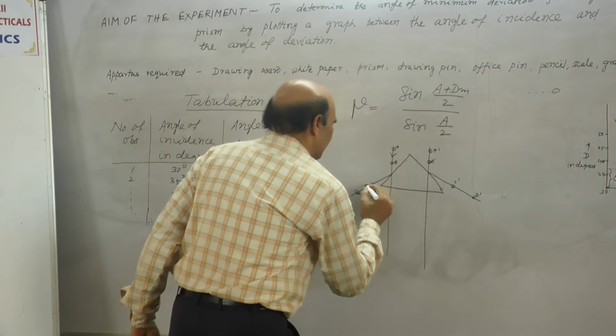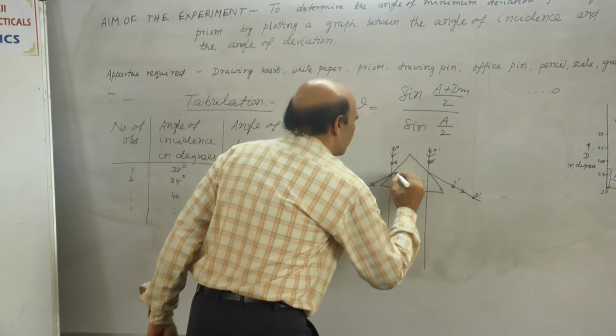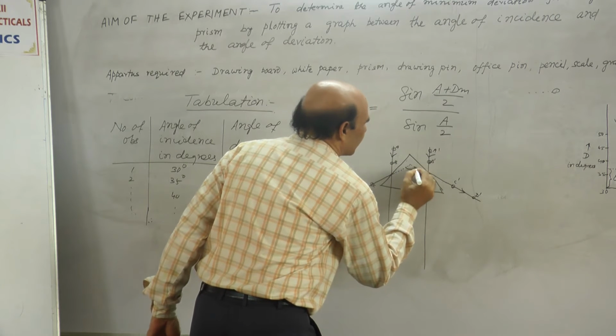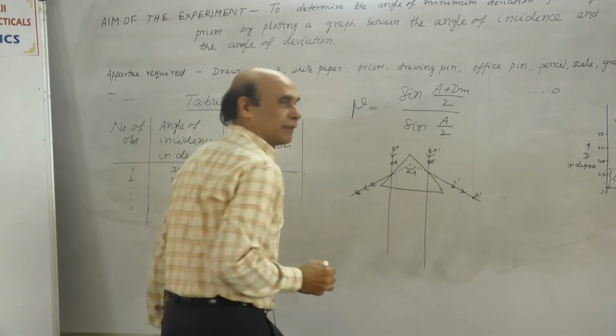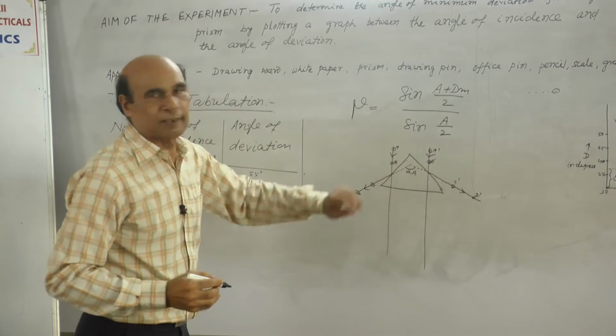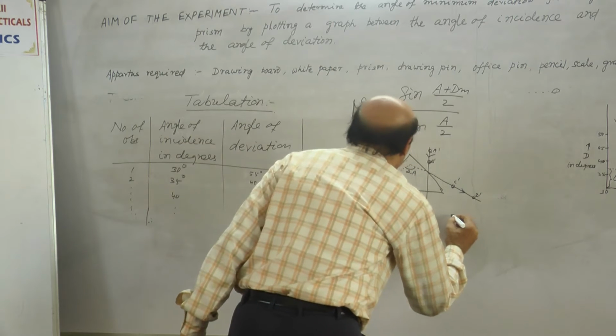Then the direction of the rays will be like this, and produce the rays backwards. They will meet at a point, and this angle is equal to twice the angle of the prism. In this way, we take 3 readings and half of that will give you the angle of the prism, A equal to the angle of the prism.